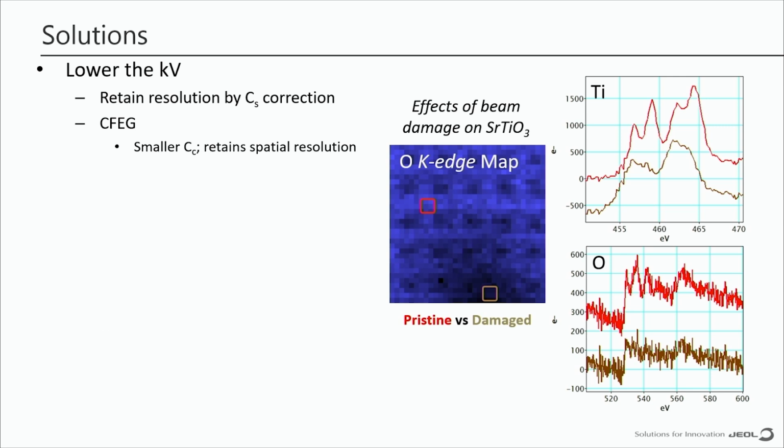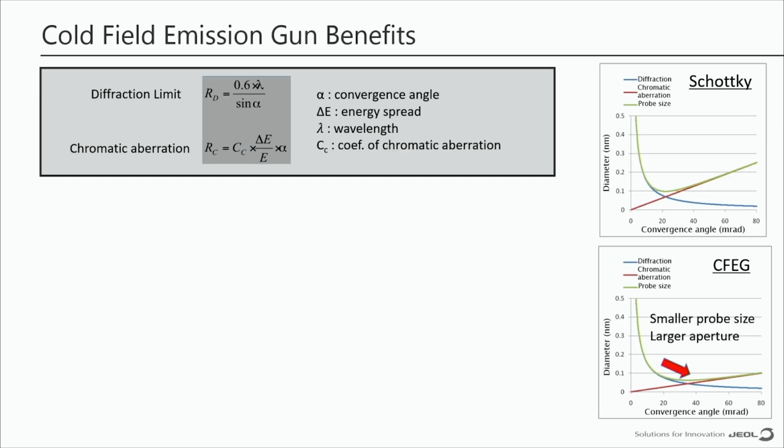So we're going to lower the kV. When we lower the kV, I said one of the ways to minimize the other effects that creep in, like chromatic aberration, is by using a cold field emission source. So if we go ahead and plot out our diffraction limit and our chromatic aberration effects in a plot of beam diameter versus your convergence angle, kind of the sweet spot in between the two of those is really the beam you want to use.